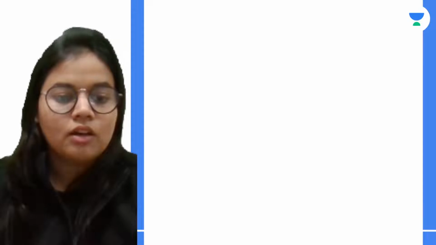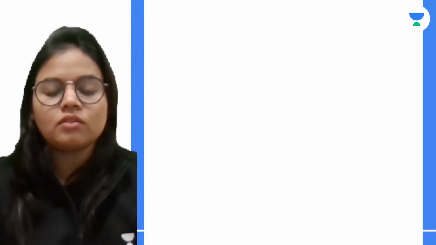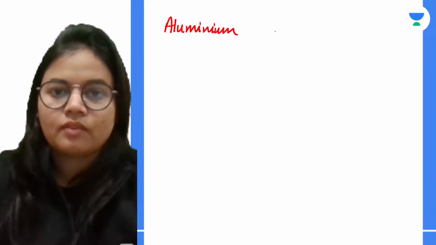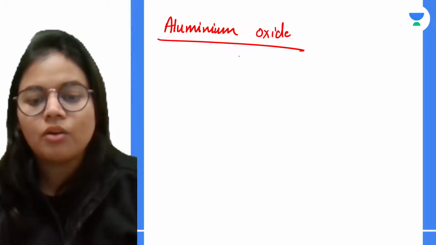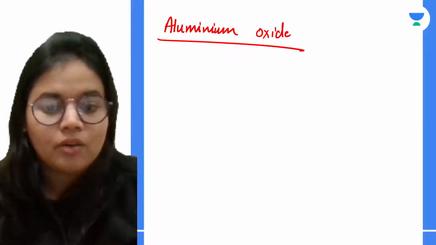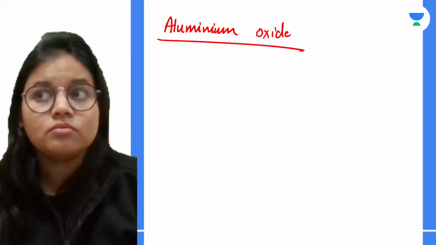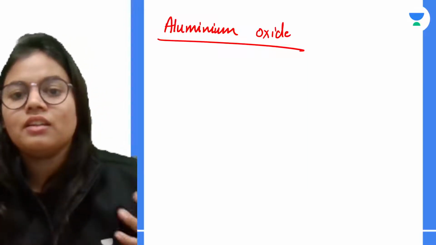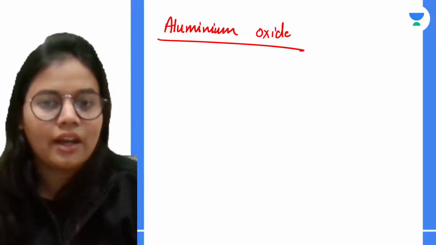Okay, so this was your first step. Now let's talk about what is the problem with alumina. The problem with aluminium oxide is its great affinity towards oxygen. It is a very stable compound, and that is why we cannot use some of the easily available substances for reducing it, like carbon monoxide, hydrogen, right?